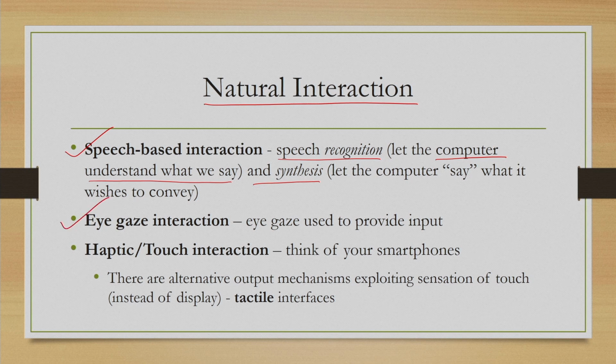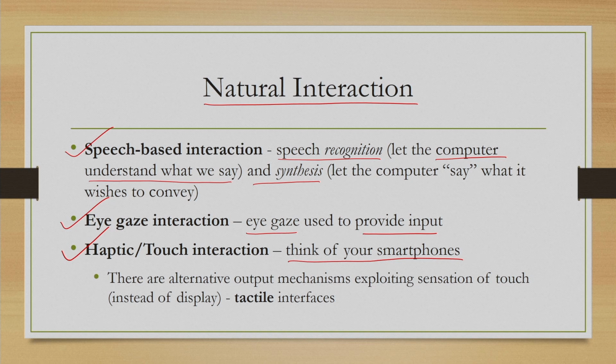Then we have eye gaze interaction, where we use our eye gaze to provide input. Haptic or touch interaction, one example is the touch screen, which we are heavily using nowadays because of the use of smartphones or tabs.